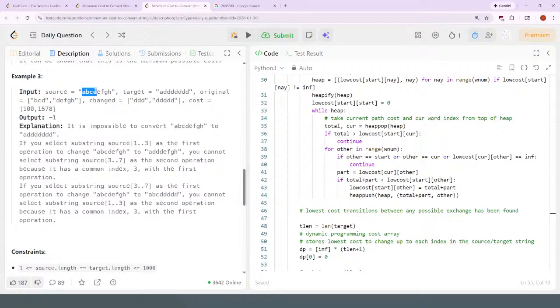Oh, if I need to see, original goes to changed.